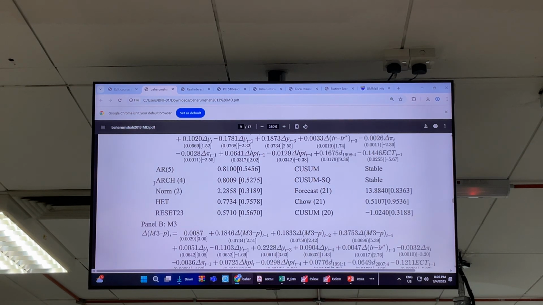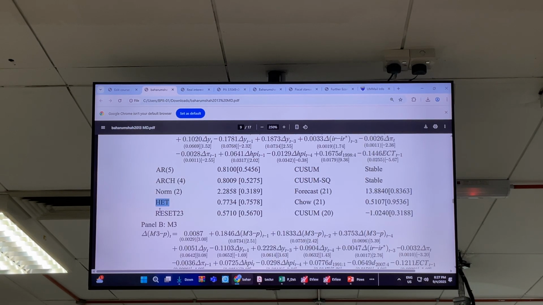Diagnostic tests, including the autocorrelation test, the heteroskedasticity test, the Jarque-Bera normality test, and another set of heteroskedasticity tests. This ARCH test and the heteroskedasticity test actually refer to tests for the variance of the residual: is it constant or not? And also RESET, two times, three times. And then the stability test.